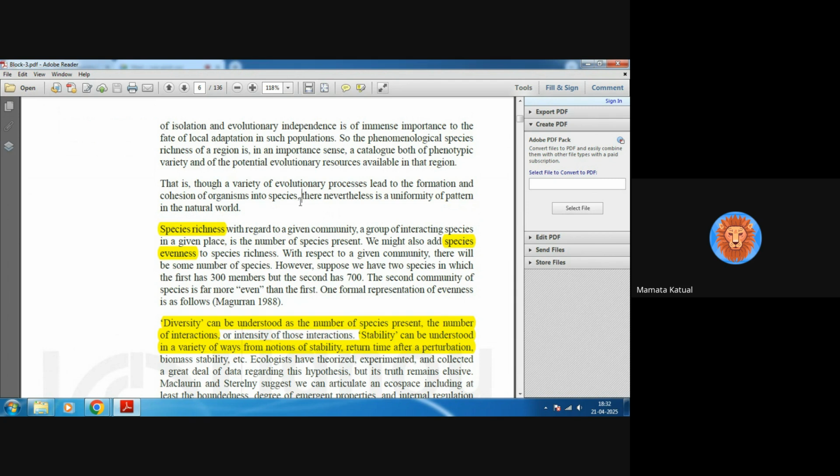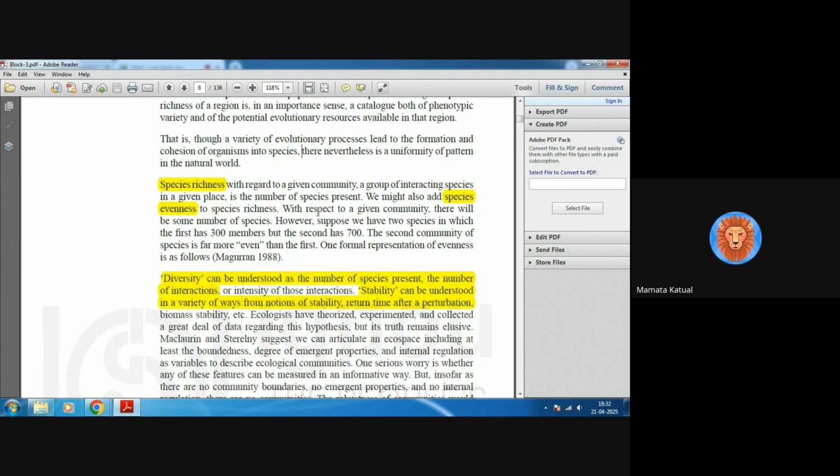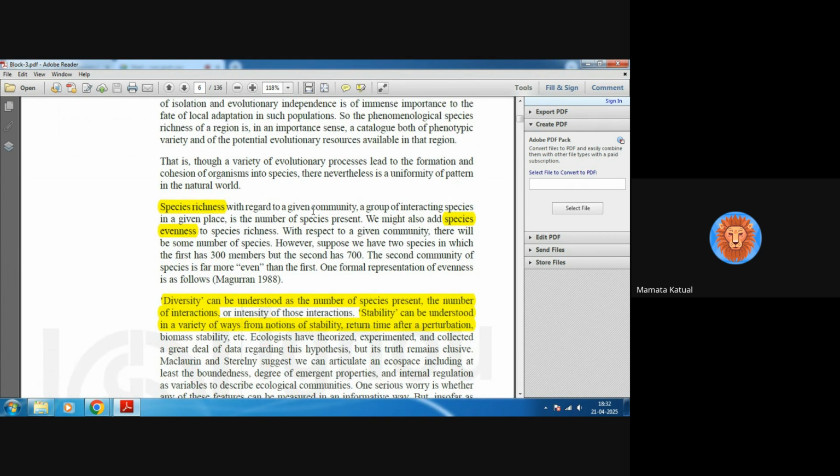In conservation biology, we study species richness. Previously, we have also discussed species richness, the species richness with regard to a given community.